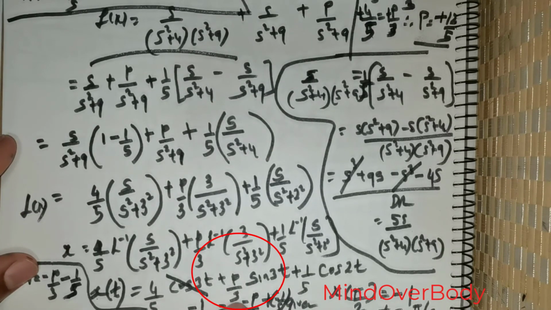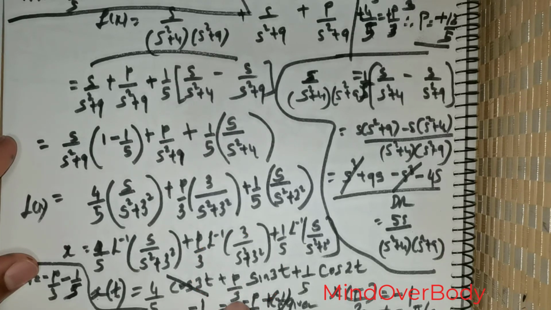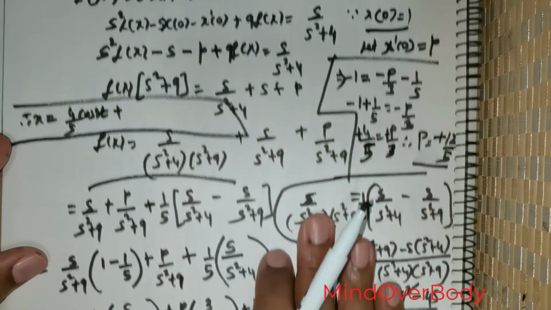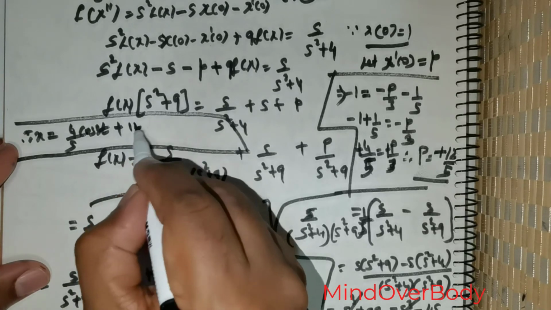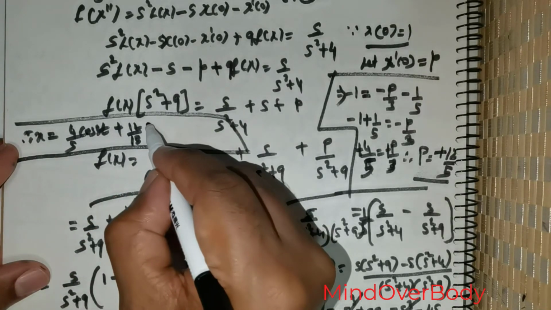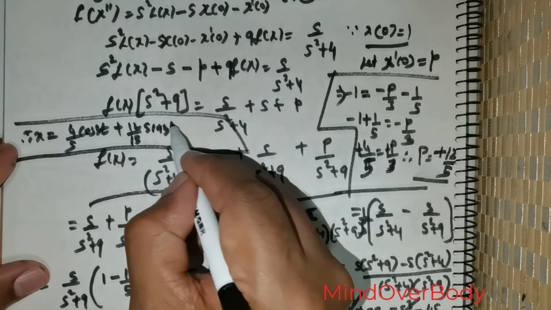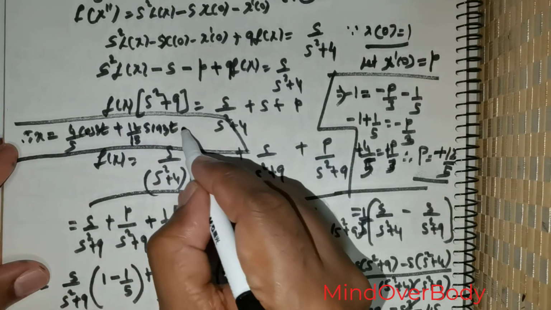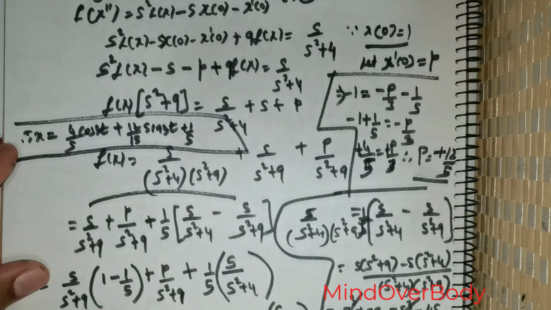So 12 over 5 divided by 3, so that's going to be 12 over 15. So 12 over 15 times sine 3t plus 1 over 5 times cos 2t.